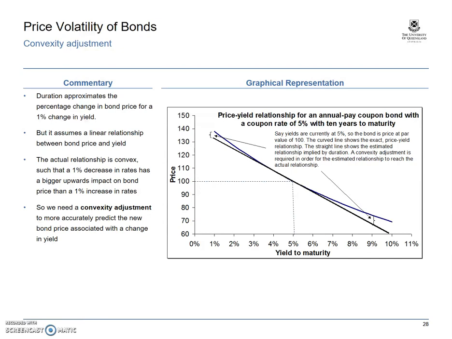You can see with those arrows pointing to the difference that with the duration we introduce error in our estimate because we're becoming further and further away from the straight line. And so what we need to do is make an adjustment for the convexity of the actual curve. And so that's what we're going to look at next.